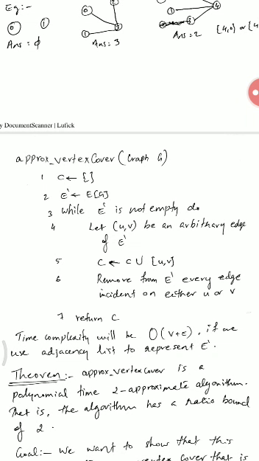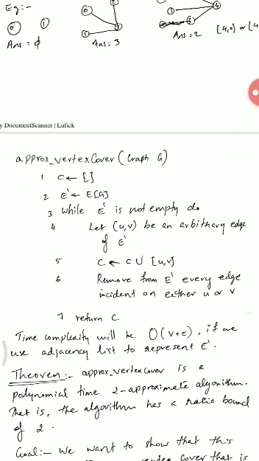Let UV be an arbitrary edge in E dash. C equals C union U comma V. And remove from E dash every edge incident on either U or V.